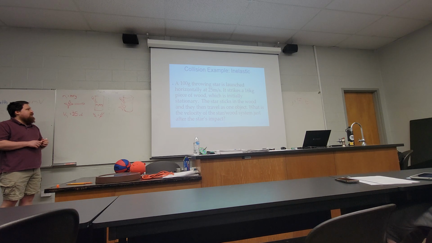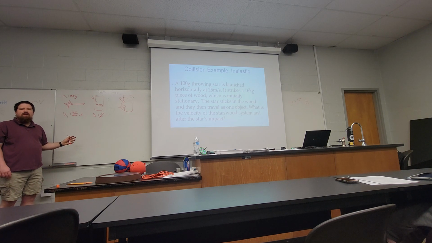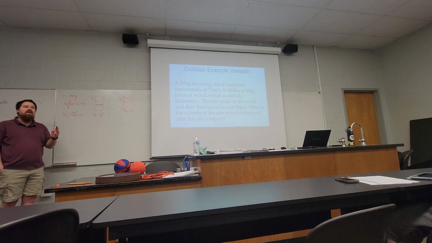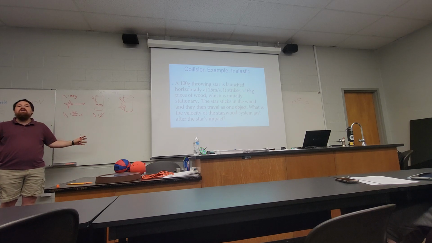And after that happens, just based on your experience, what would you feel the final velocity of the log and the star will be after this happens? Just based on intuition, 0. If not 0, then probably very slow. Maybe enough velocity for the log to fall off the fence post, but you wouldn't expect a very big final velocity, would you?